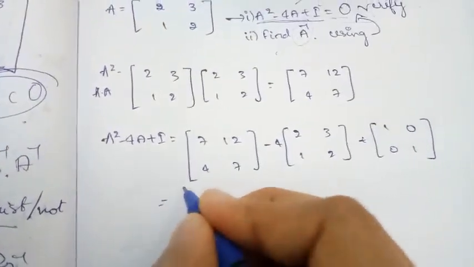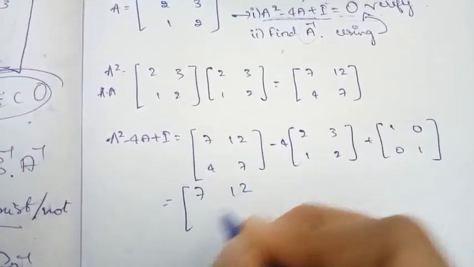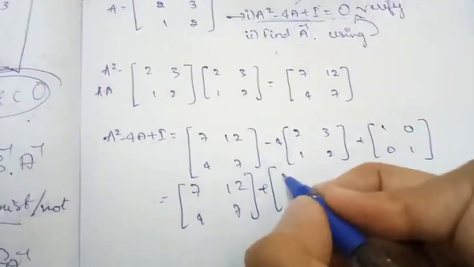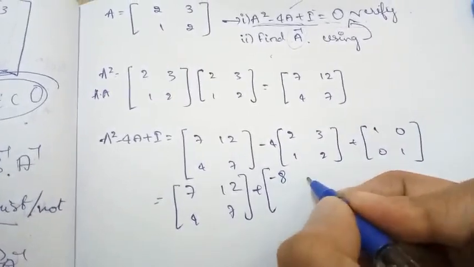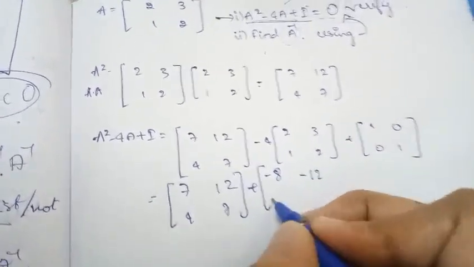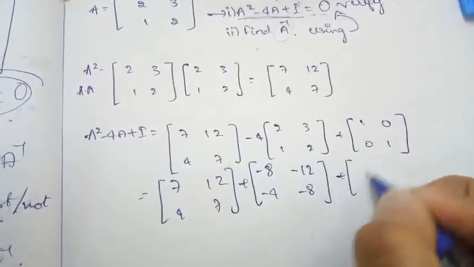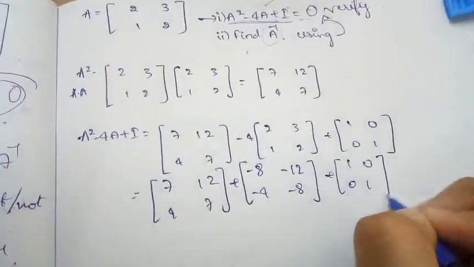Now I will take 7 12 4 7 as it is. Multiplying minus 4 inside, it becomes minus 8 minus 12 minus 4 minus 8, plus 1 0 0 1.